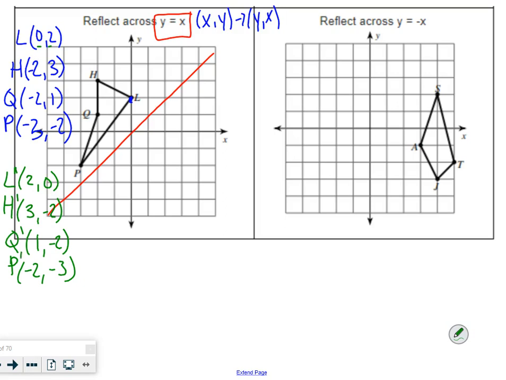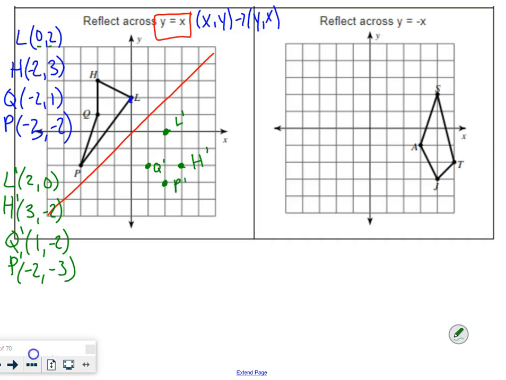So L prime is at 2, 0, which is right here on our x-axis. So that's L prime. Then we have H prime, which is at 3, negative 2. So we go right 3, down 2. So there's H prime. Q prime is at 1, negative 2. So right there, there's Q prime. And then P prime is at negative 2, negative 3.